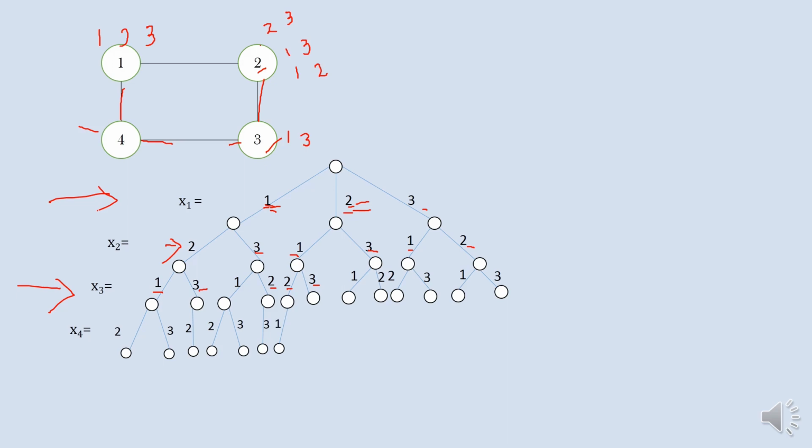So I have only one color remaining, that is the color 1, to be assigned to x4. Next, vertex 1 is given the color 2 and vertex 3 is given the color 1. 2 are already utilized. So the vertex 4 can be colored with only one color, that is the color 3.